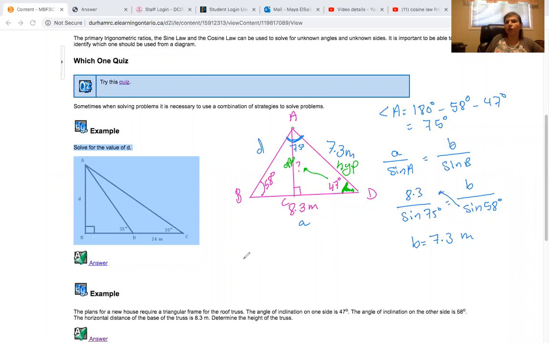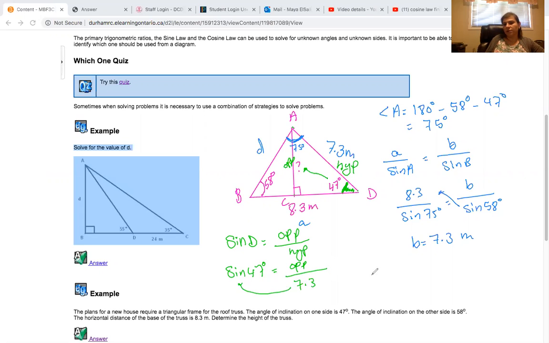Again, SOH CAH TOA, you have to use sine because opposite and hypotenuse. So that means sine D is equal to opposite over hypotenuse. So that's sine 47 equals, I don't know what the opposite is, over 7.3.